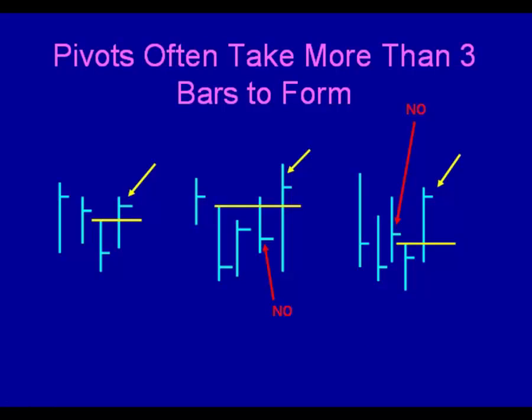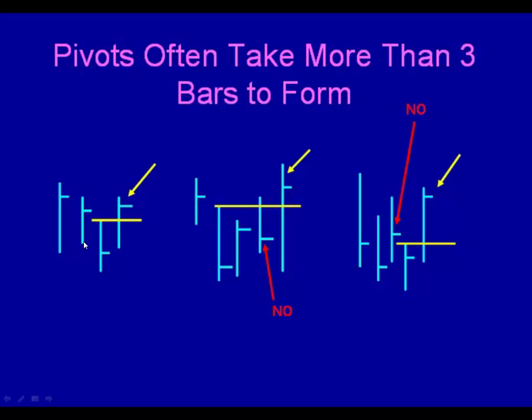On this next slide, here's a little more complexity, where it takes more than 3 bars to form. The simple 3-bar pivot is a nice, aesthetically pleasing pivot. Here we have multiple bars. So let's run through them. Lower lows, lower highs, and it's not even a clean lower low, lower high.